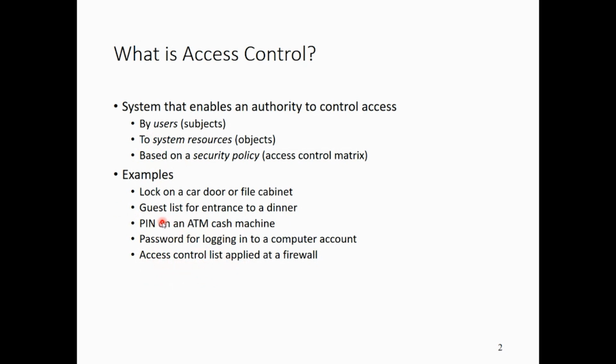Locking your door or a file cabinet, so you need a card or a key to access it, is an access control. A guest list of who can enter a dinner party is an access control as well. So this is the definition of network access control.